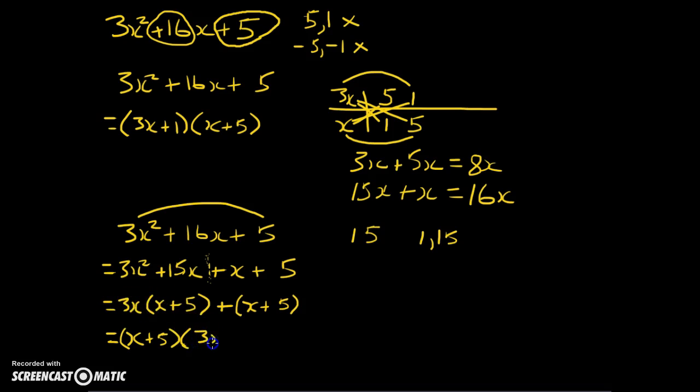Well, 3x. And x plus 5 multiplied by what gives us x plus 5? That's multiplied by 1. And hopefully you can see that these two answers are exactly the same. They're written around the other way, but it doesn't matter which order you multiply, remember.